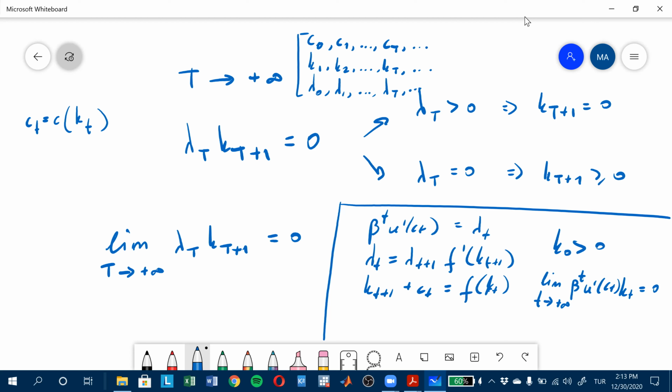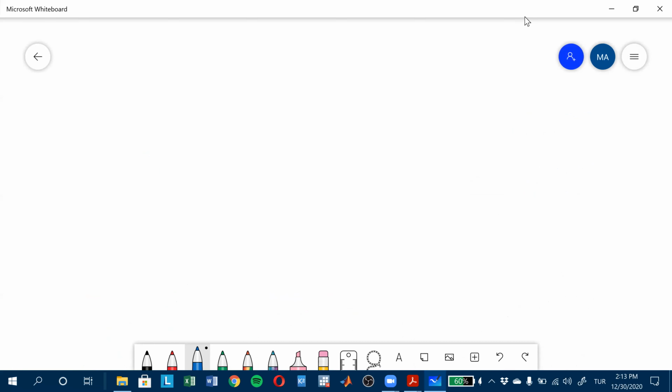So now I'm going to show you what this recursive approach is. But before that, I have to refresh your minds about the value functions, all right? So forget about the dynamics for a moment and think about a very simple consumption problem, okay? So this is a static consumption problem. So there's this utility function, then there's this price vector, okay?